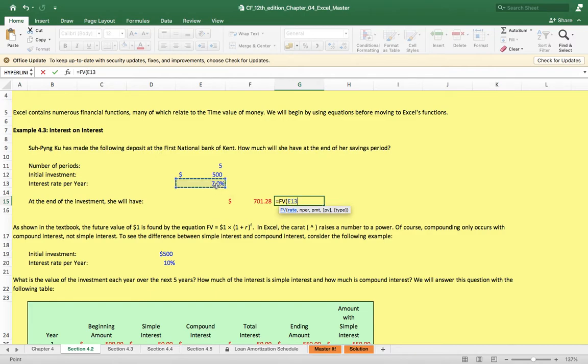Rate 7%, number of periods 5, PMT. The PMT is not there, she is not making any payment, so put another comma. Present value 500 and bracket close, enter. 701.28.